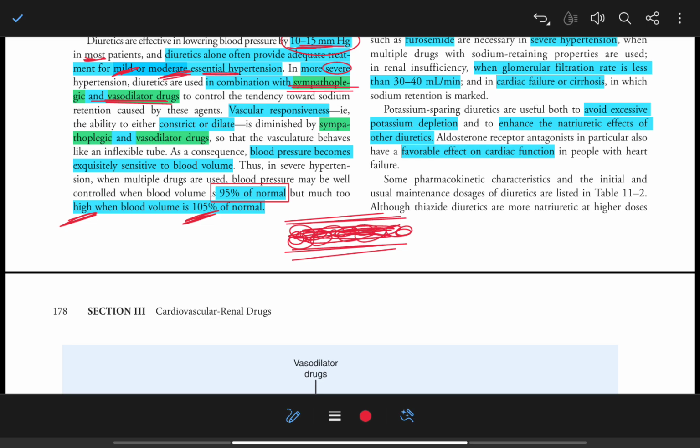So that's what you should take note of: when you are combining sympathoplegic agents and vasodilators, you will usually add diuretics to control the blood volume, because anytime you are combining those two drugs, the tube will appear as an inflexible tube. As a consequence, the blood pressure will become exquisitely sensitive to blood volume. So that's why we control the blood volume with diuretics.